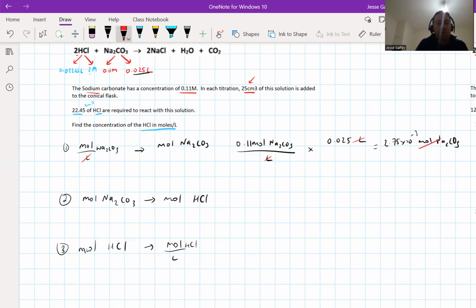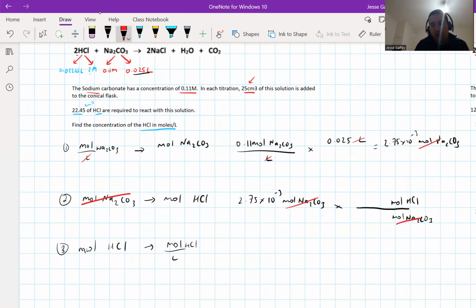Good. Then we want to go from moles of Na2CO3, we want those to cancel and end up with moles of HCl. So how do we do that? We write down what we have: 2.75 by 10 to the minus 3 moles of Na2CO3 times, and we want that to cancel, so we need this to be gone. Moles of Na2CO3 goes in the denominator of this fraction, and we want to convert to moles of HCl.